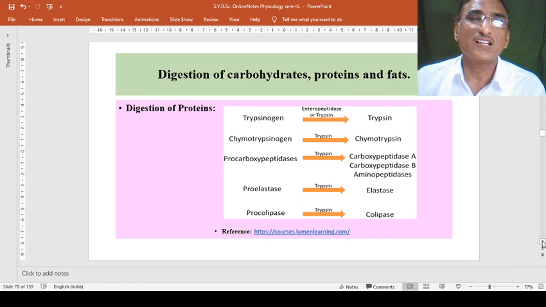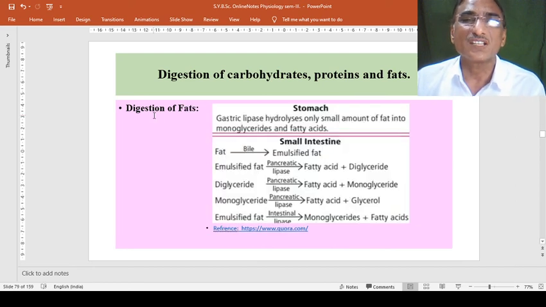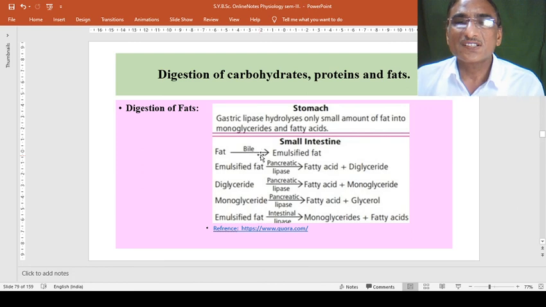And now the digestion of fats or lipids. We have already seen that in the stomach they are partially digested into monoglycerides, and next, in the small intestine, emulsified fat, diglycerides and monoglycerides are all digested.